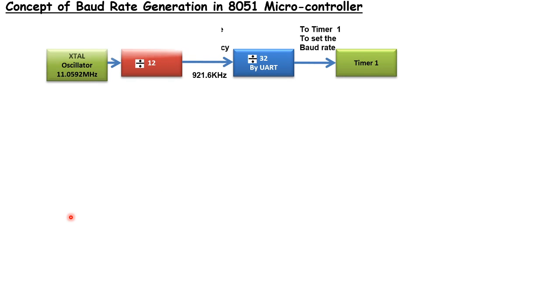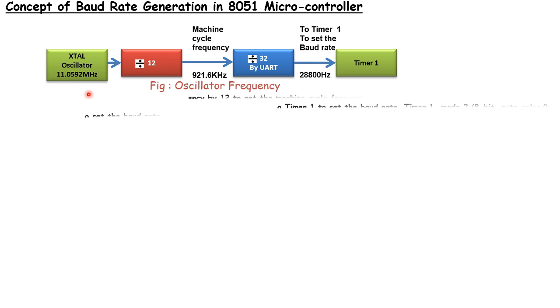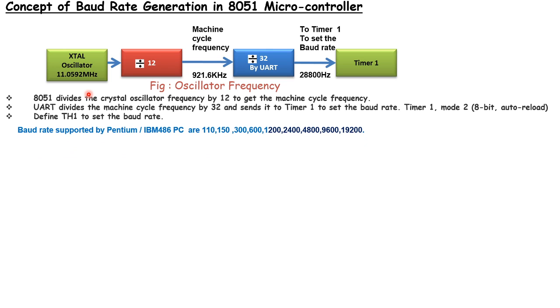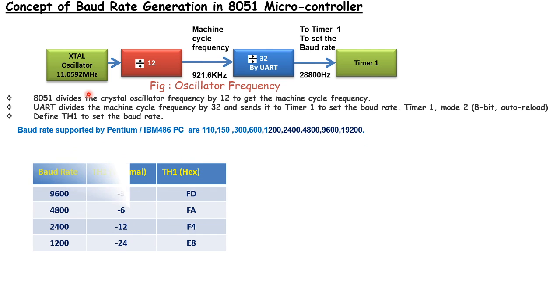The concept of baud rate generation in the 8051 microcontroller. So how is the baud rate decided? Now this is a block diagram of the circuit, and the crystal frequency divided by 12 gives us the machine cycle frequency, 921.6 kilohertz.